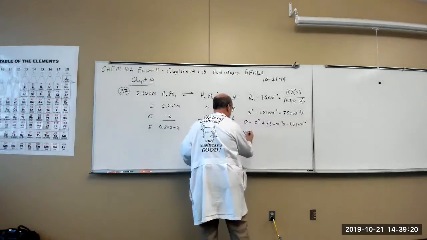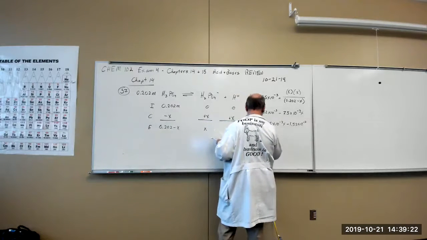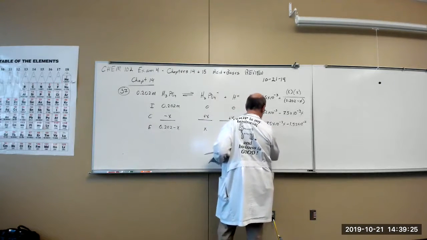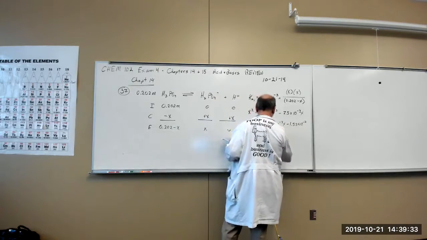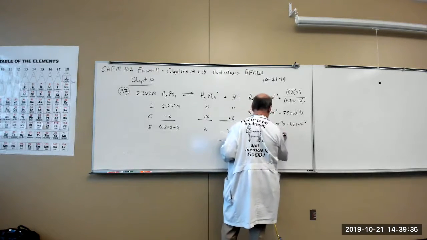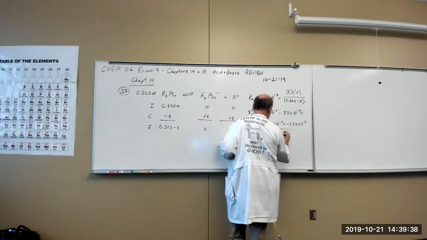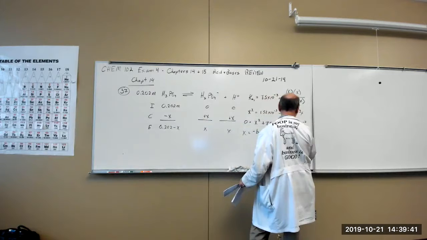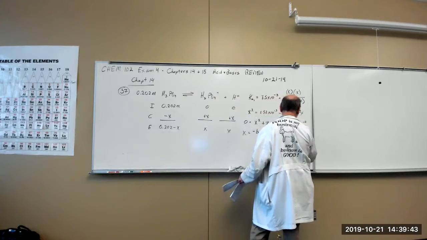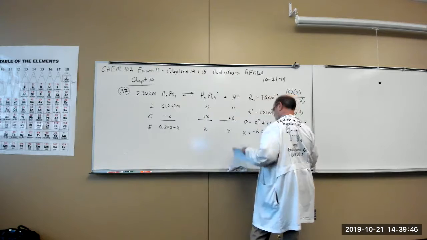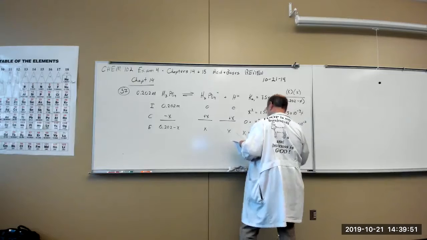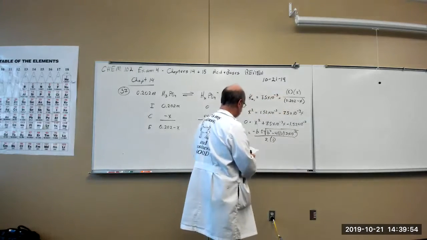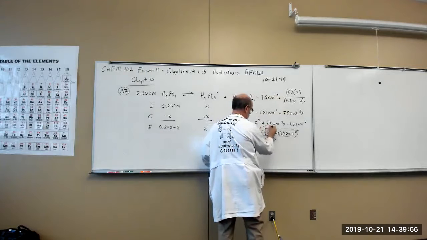Then you just need to solve for x, which is minus b, this term right here, plus or minus square root of b squared, which is this one, minus 4 times this one, which is 1, and c, which is this one, minus 1.52 times 10 to the minus 3, there. And then all over 2 times a, which is 1. So I didn't write this one out, but you put that one in there, and that one in there.